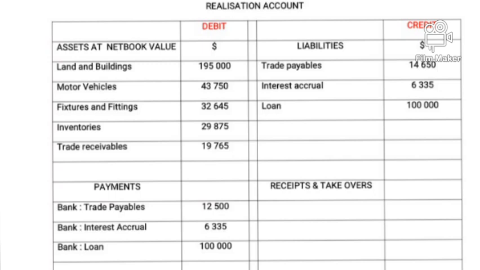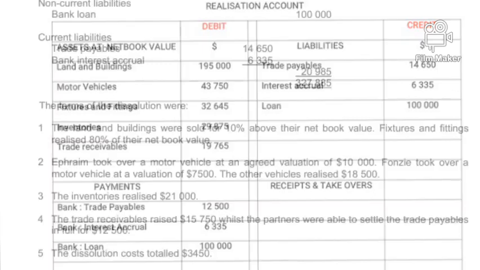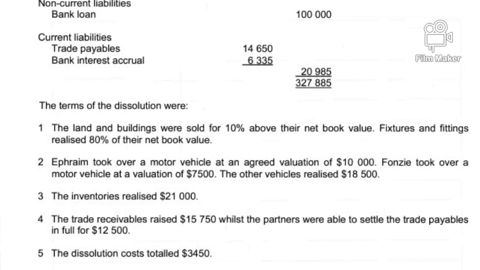We are now moving on to dissolution cost. Right. Dissolution cost refers to the expenses incurred by the partners when closing down their business. Some of the partners don't even know how to prepare the realization account or the capital accounts. So people are hired to prepare those accounts on behalf of the partners. They charge fees for doing that particular task.